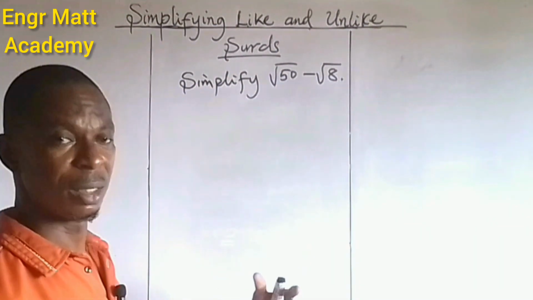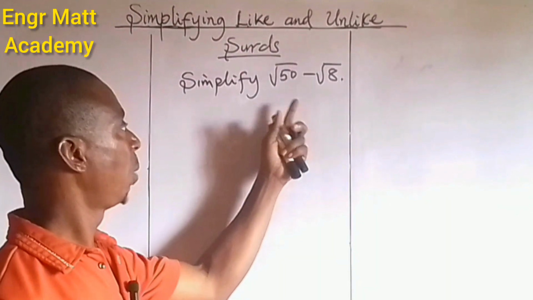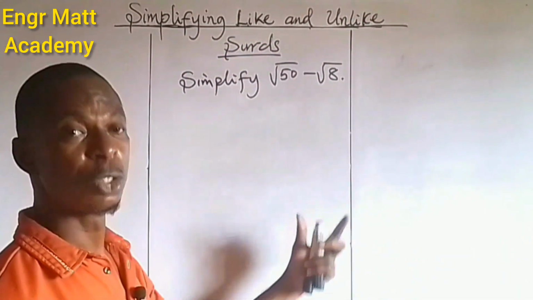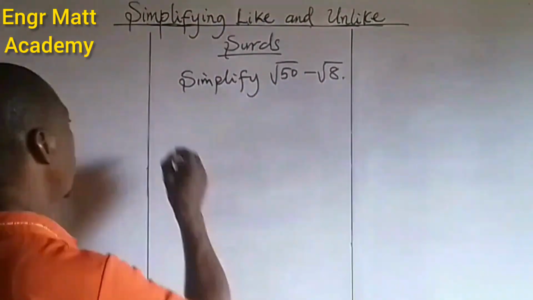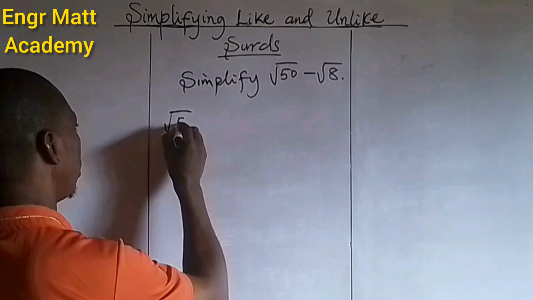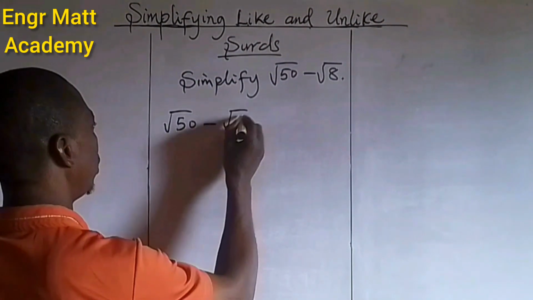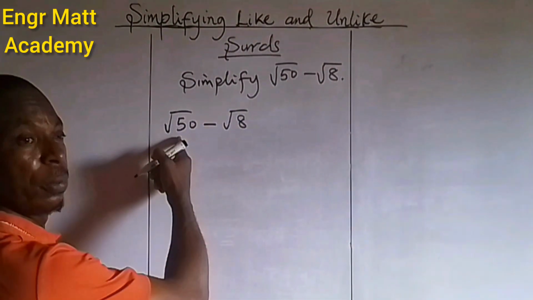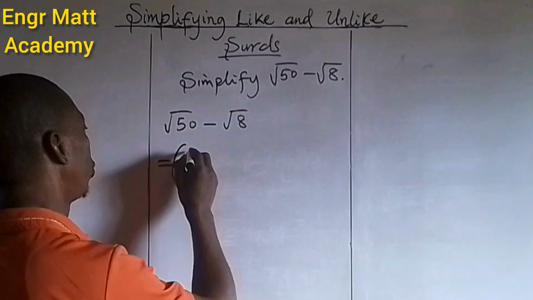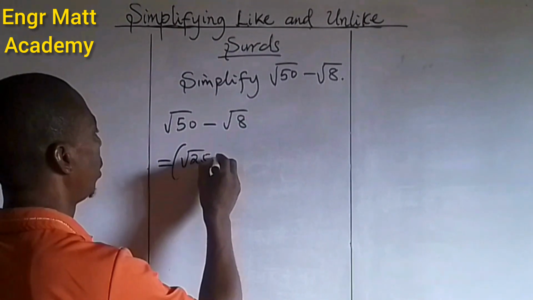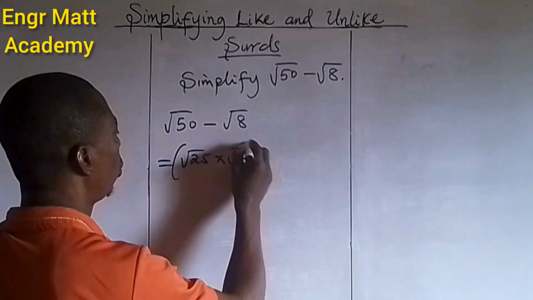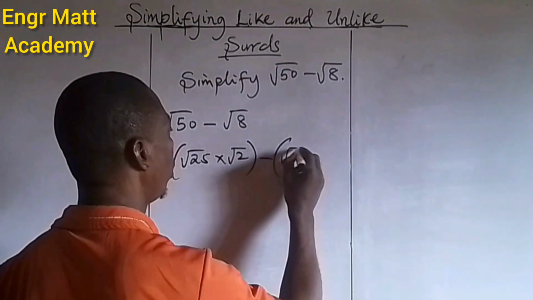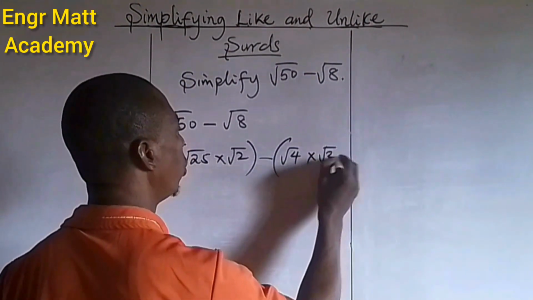From the onset, it is difficult to tell whether these two surds are like surds or unlike surds. So we simplify them. We say surd 50 minus surd 8 becomes, we split root 50. This becomes root 25 times root 2 minus, we also split root 8 to give us root 4 times root 2.